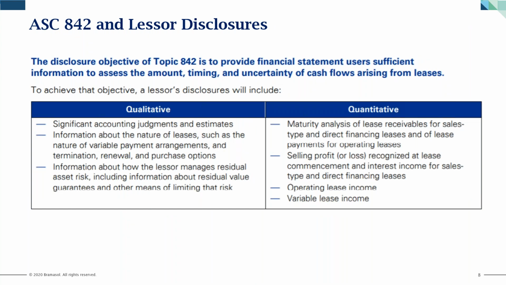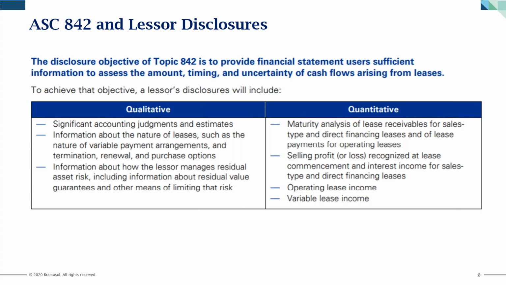Some of the disclosures, anything you want to talk to you about here? I know we've talked a bit about it, but there's a few key points maybe you can make here on some of the disclosure updates, right? Yes, I mean, as a lessor, the accounting and the reporting has not changed that much, but essentially a couple of points I wanted to make is you have to disclose what your selling profit was at your lease commencement.